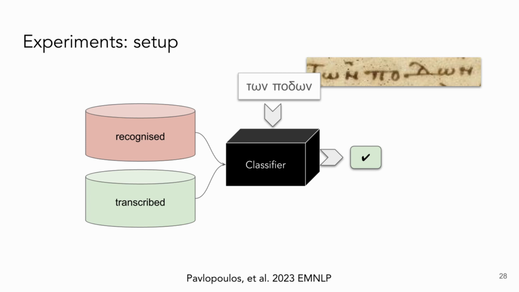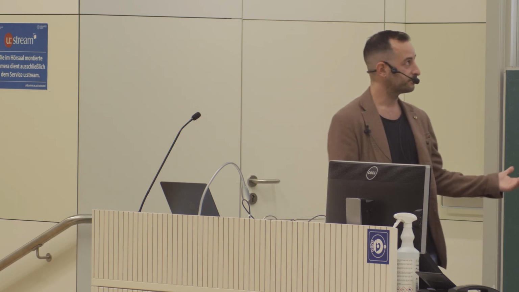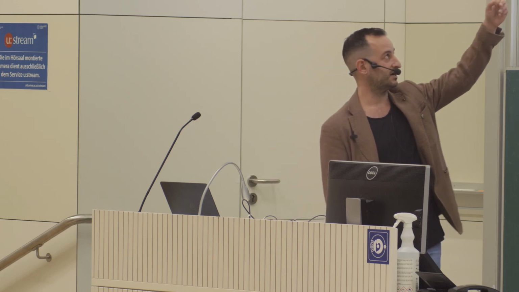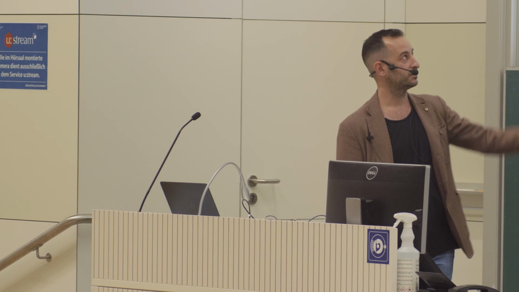We want to set up a text classification, a concrete NLP task. That is, we train a classifier. It's a black box, we don't care here, it could be anything. Then we give it a text, as you can see in the white box, which is either transcribed by a human expert from that image or by a system that did HTR.